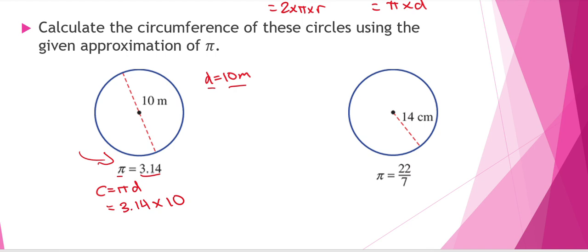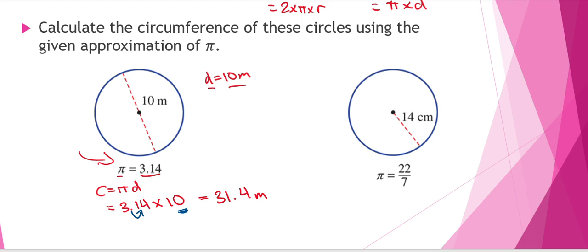Because we are multiplying, the decimal point is going to move to the right. By how many? That depends on how many zeros we see. Because we only have one zero, which is a 10, it is going to move one decimal place to the right. Now your final answer will end up being 31.4 meters.